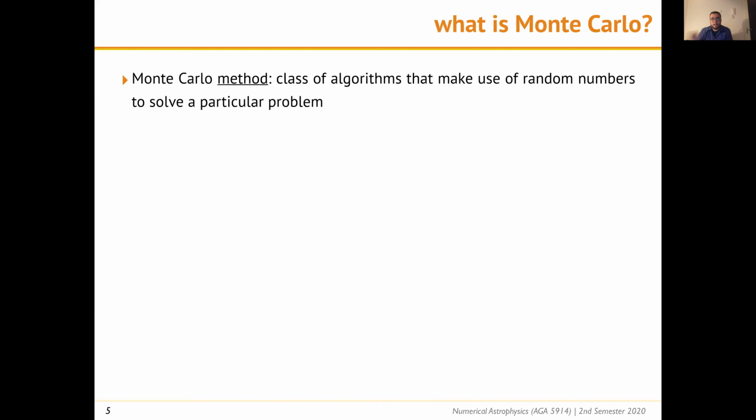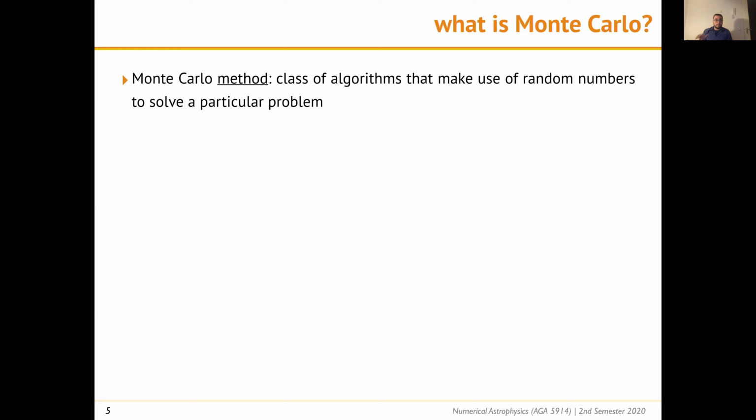So what's Monte Carlo? Monte Carlo is more like an umbrella for several classes of applications. This class of methods is based on the use of random numbers to generate a particular problem. These random numbers should mimic what we expect in reality.